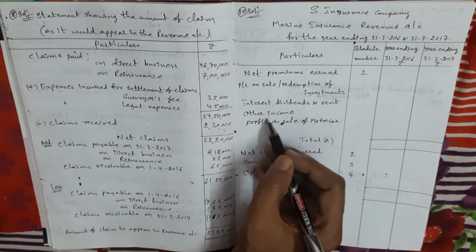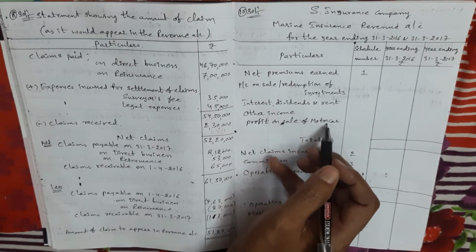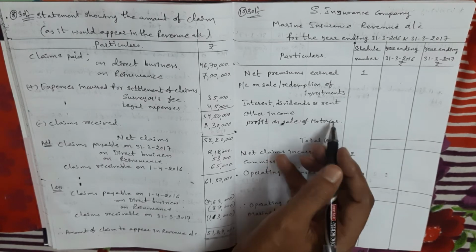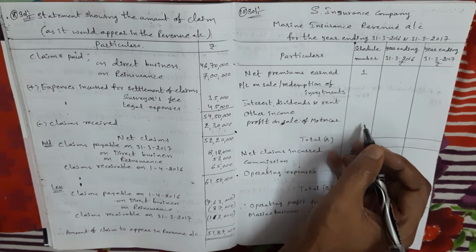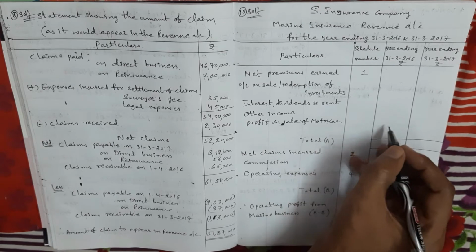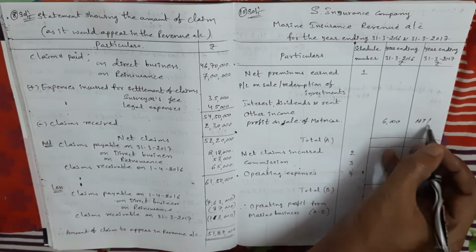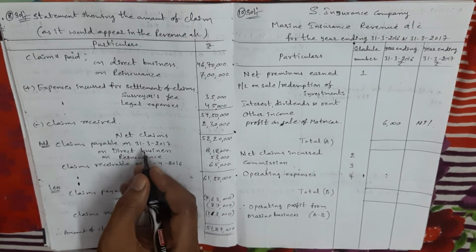For other assets we show it under other income only. For profit on sale of motor car, only last year's amount is given: we got a profit of 6,000 rupees last year. I am taking it in the last year column only; in the present year there is no amount.